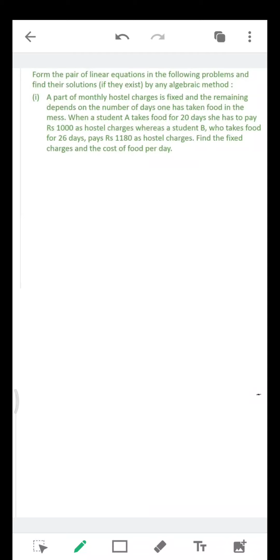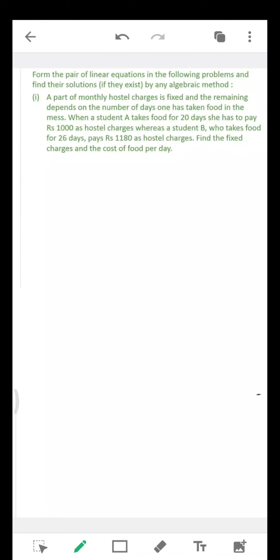We have done a question similar to this about library charges. I told you at that time that this concept can be used for any other purpose. So now here it is used for hostel charges. It can be used for parking charges, different conditions, but the concept remains the same.